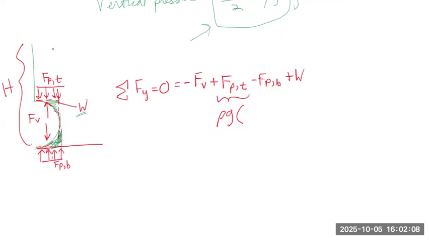And why we subtract that distance is to get this distance up to the control volume surface.